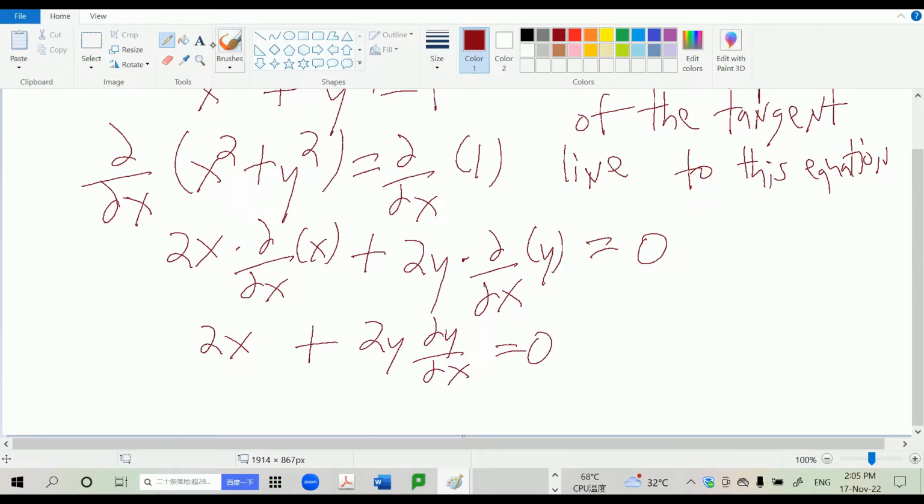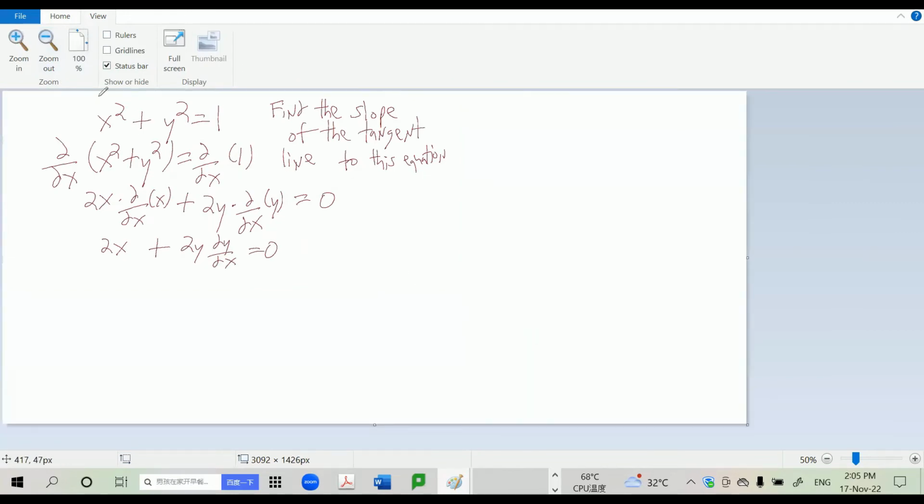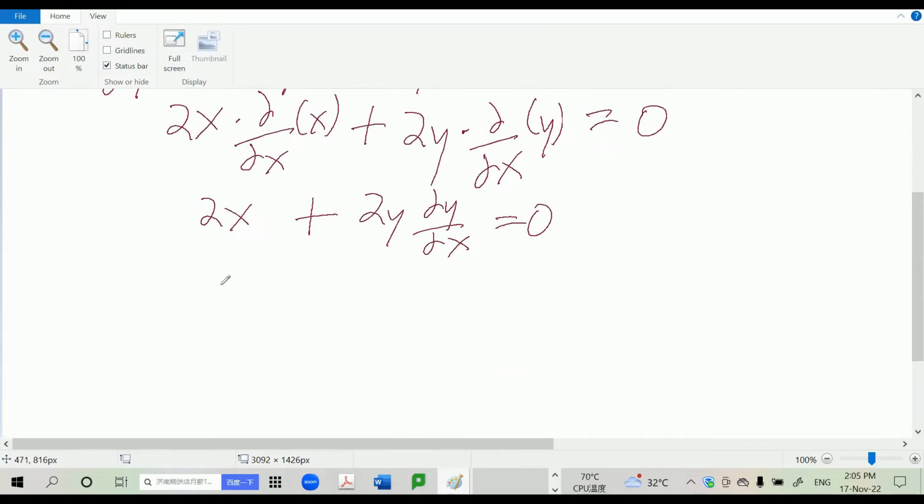Now, if I'm going to solve for dy over dx, just do some algebra. So here, I'm just going to isolate this by itself. This would be negative 2x if I move it to the other side.